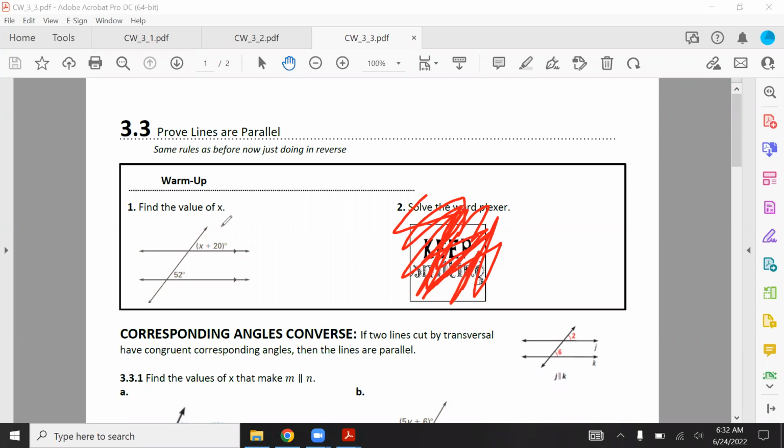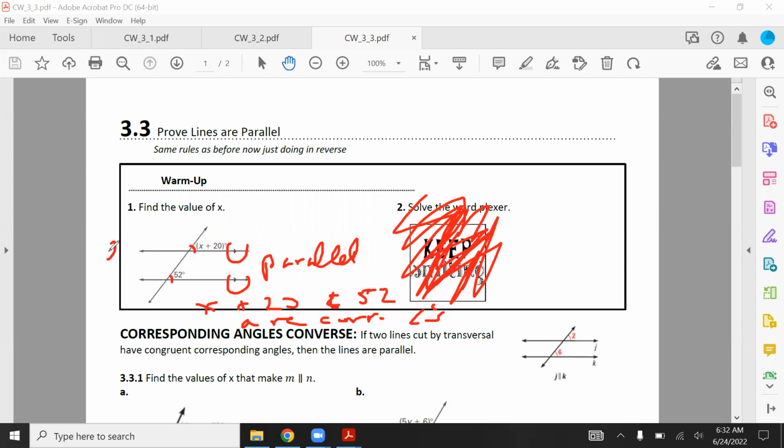Anyway, find the value of x. So again, this means parallel, right? And x plus 20 and 52 are corresponding angles. That's why I think it's so important to recognize that. I know they're corresponding because one's inside, one's outside, but they both form the same angle with the transversal.